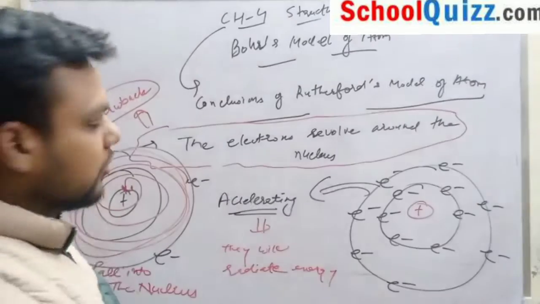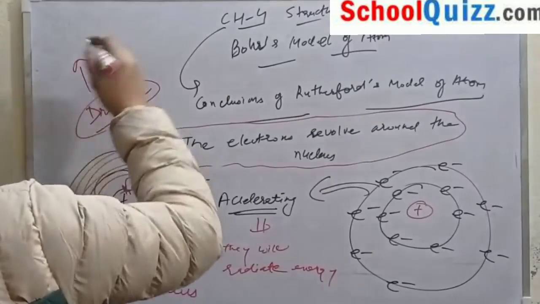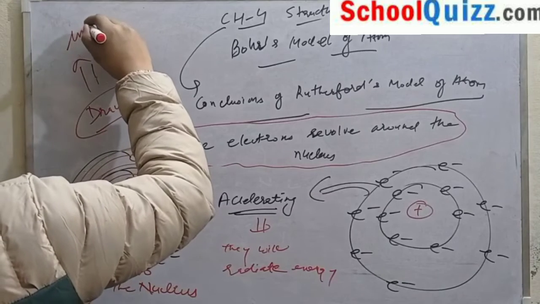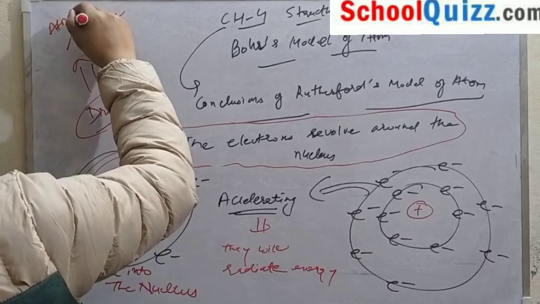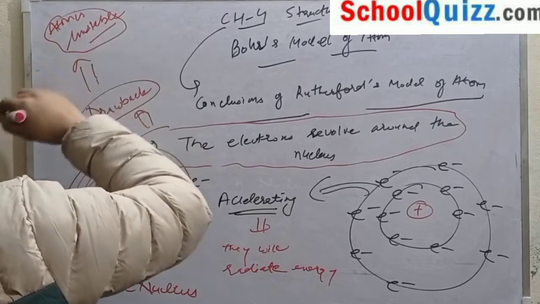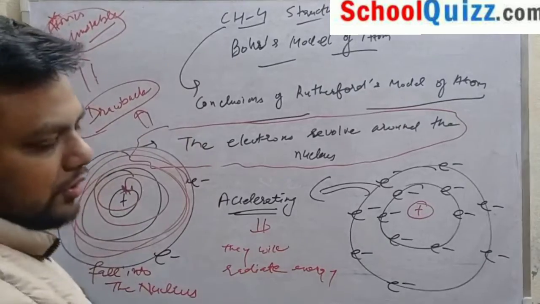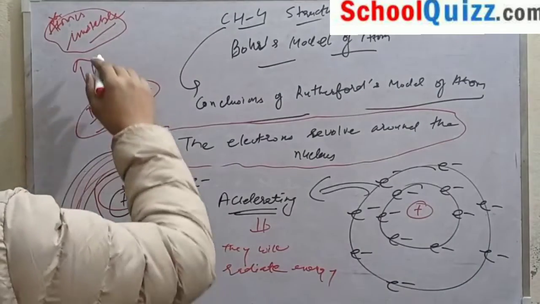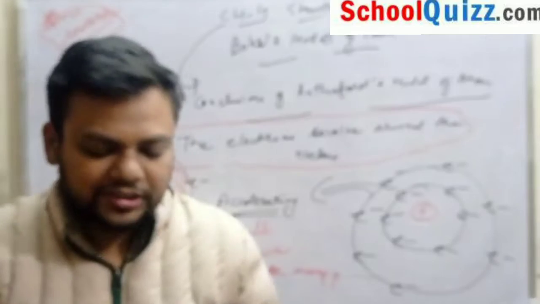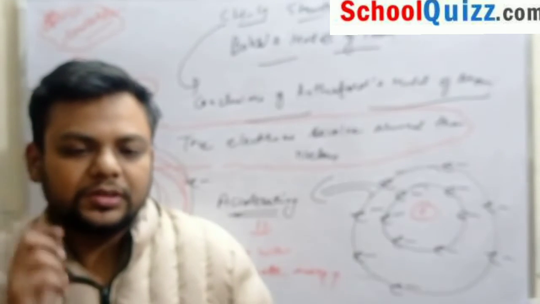If it falls into the nucleus, it means the atom is unstable, which is not correct. As we know, atoms are quite stable. So he didn't explain the stability of the atom.